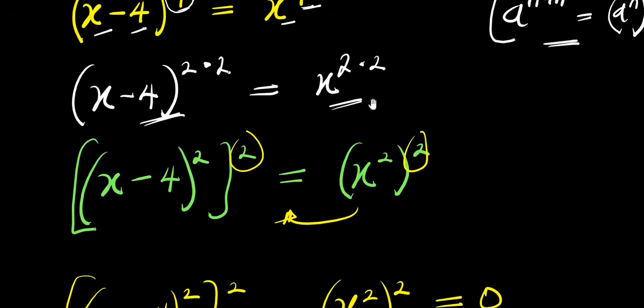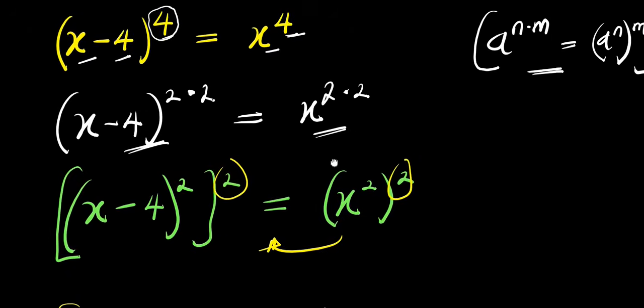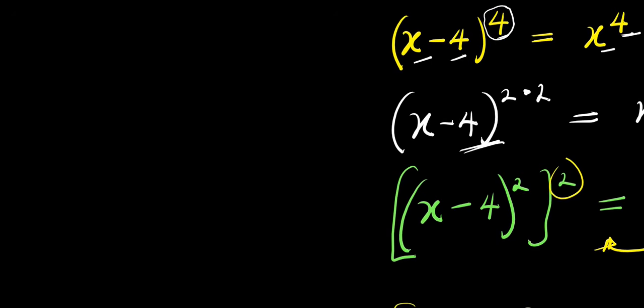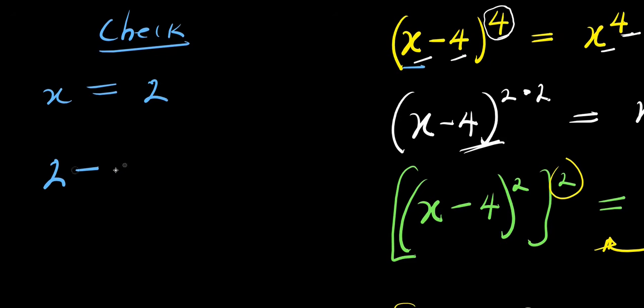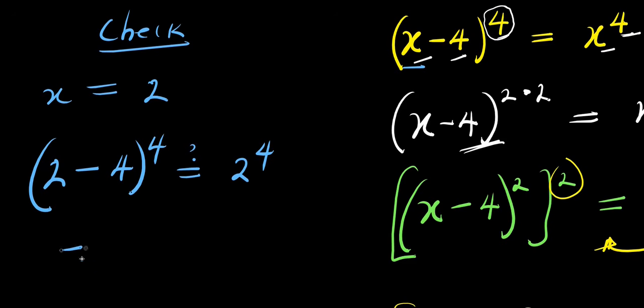So the next step will be to check. We are going to check by inserting these values for x. We have x equals 2. So that means instead of writing x here, we have 2 minus 4 raised to the power of 4 equals 2 to power 4. 2 minus 4, this is negative 2, raised to the power of 4 equals 2 to power 4.